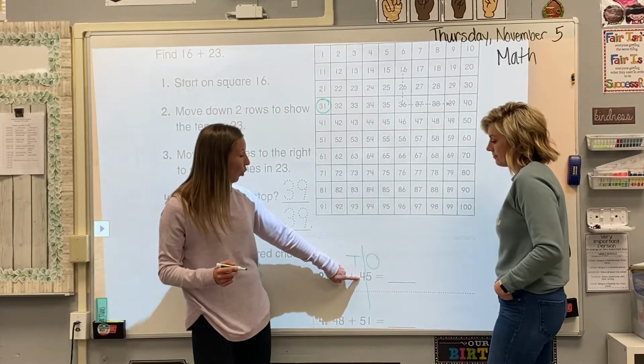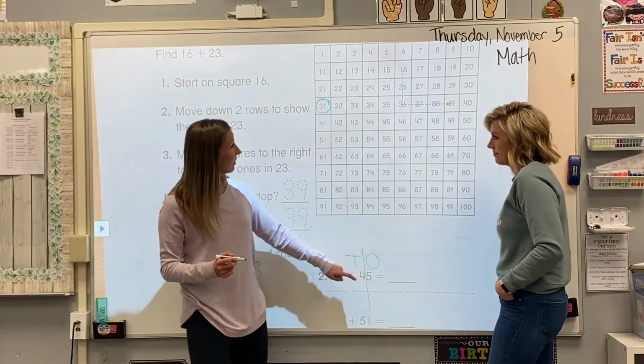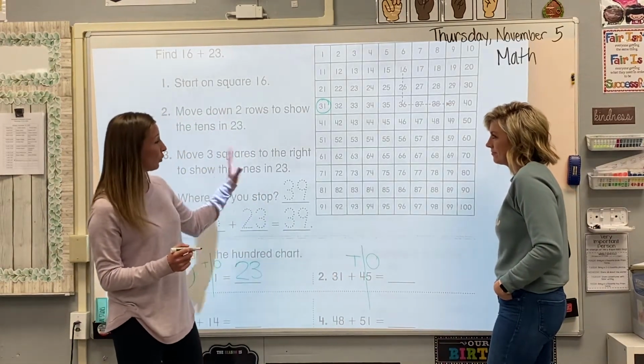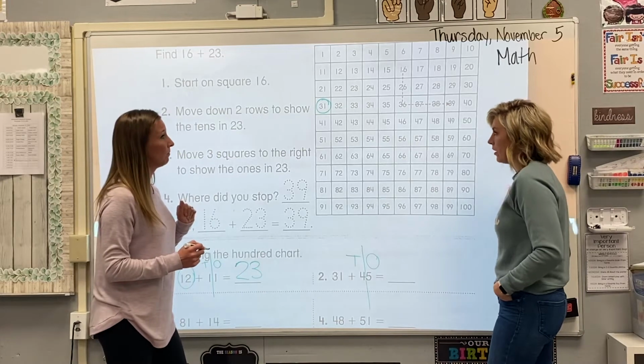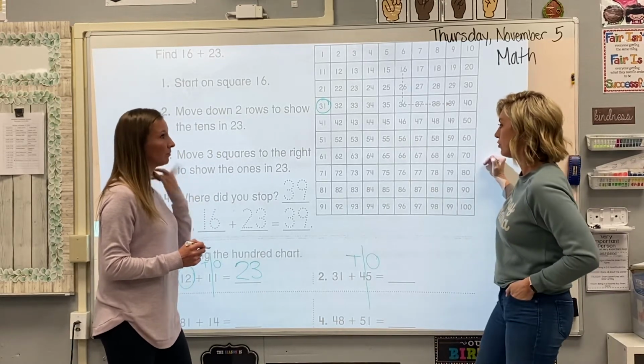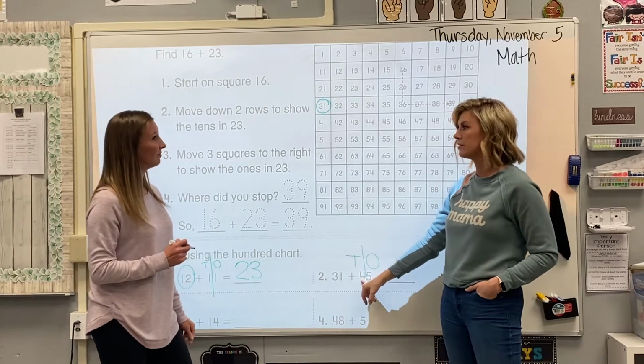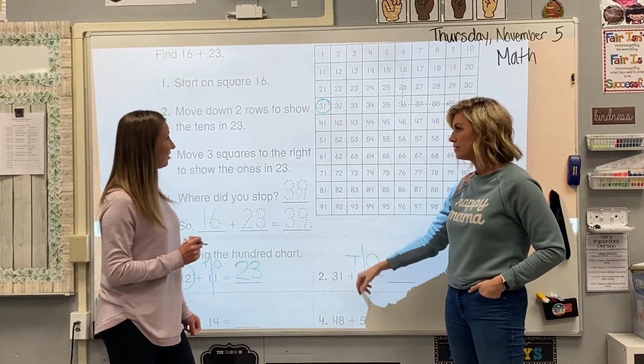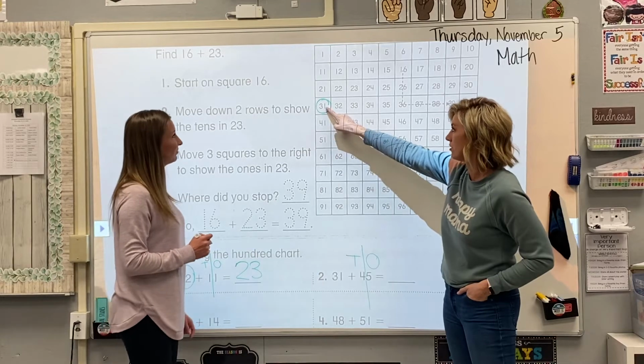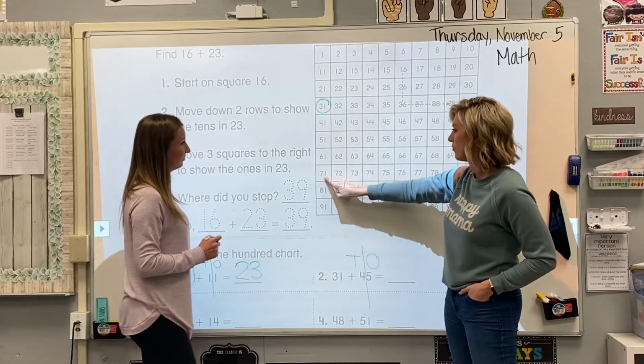All right. I have 4 10s this time. How are we going to move 4 10s on the hundreds chart? Well, every time I move down, it's a group of 10. So this number under the 10s, or the T's, just tells us how many spaces to move down. You got it. So I need to move down 4 spaces. So if I started here, 1, 2, 3, 4. Good.